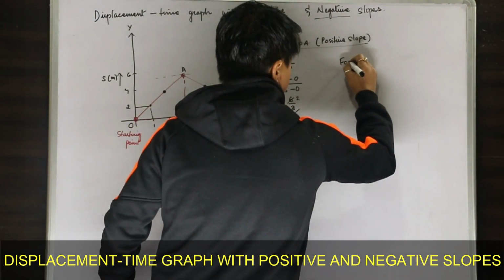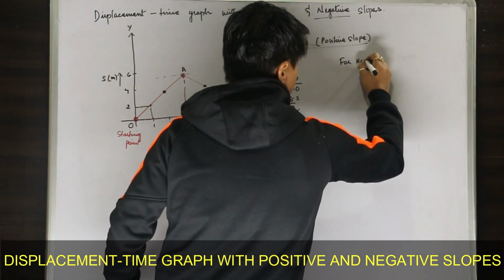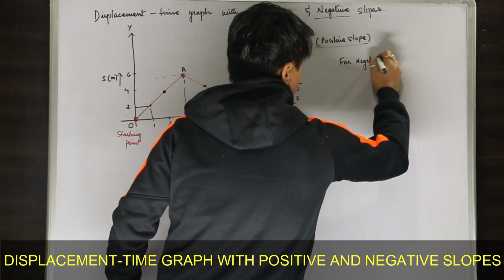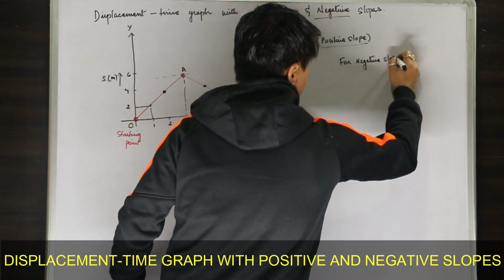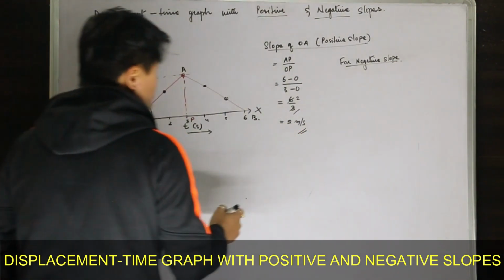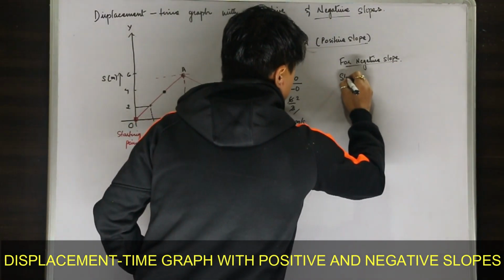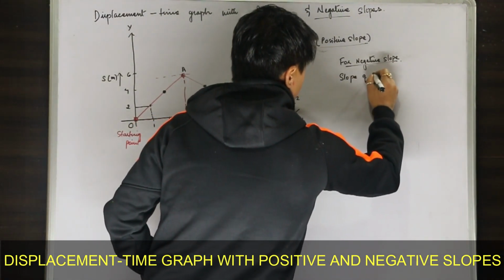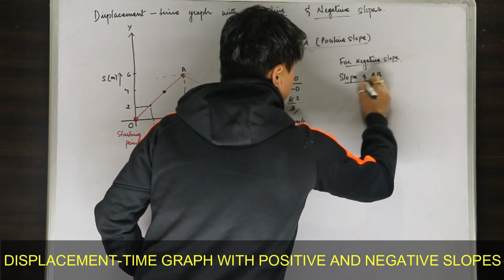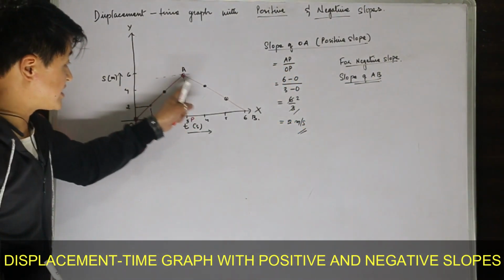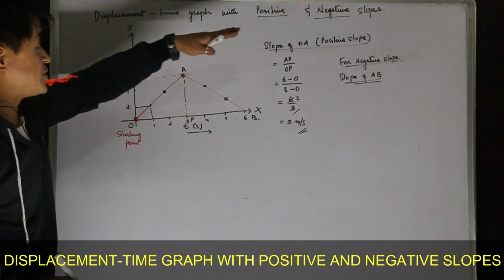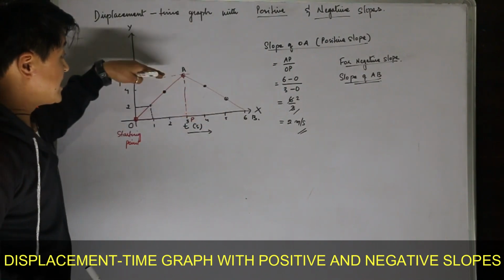For the negative slope, we can find the slope of AB. If we find the slope of AB, we will get the negative slope. See here. So we can explain how we determine this negative also.